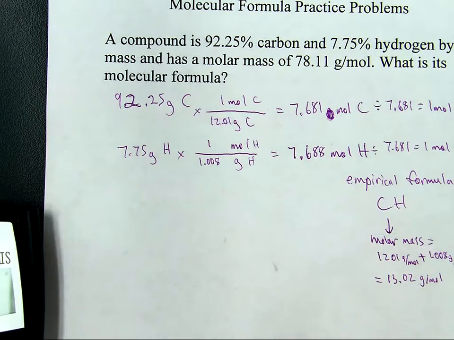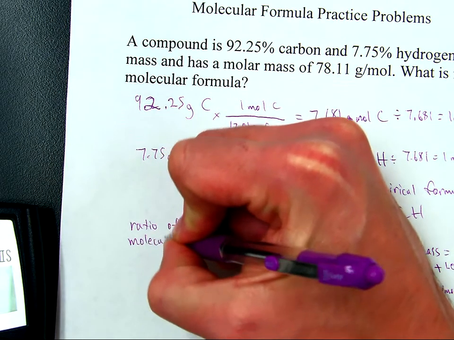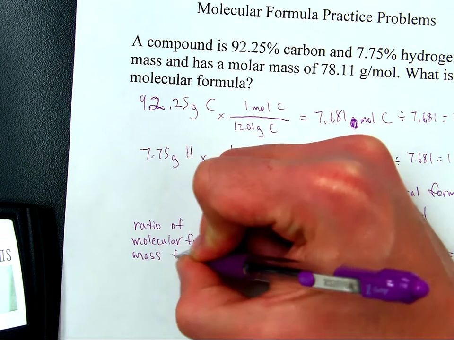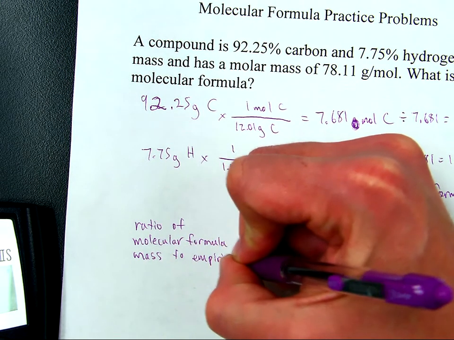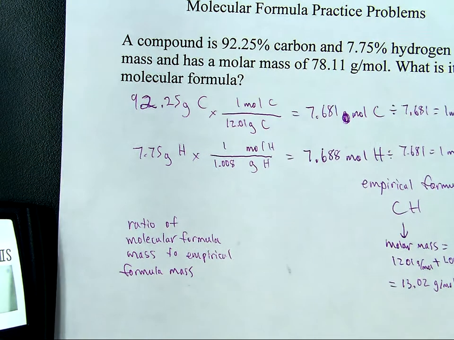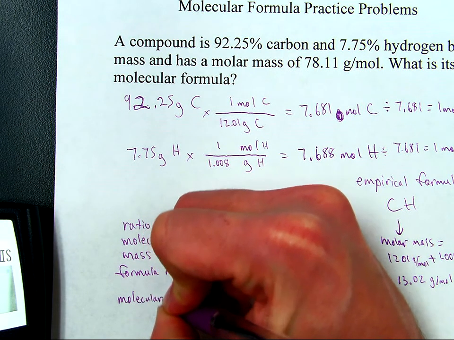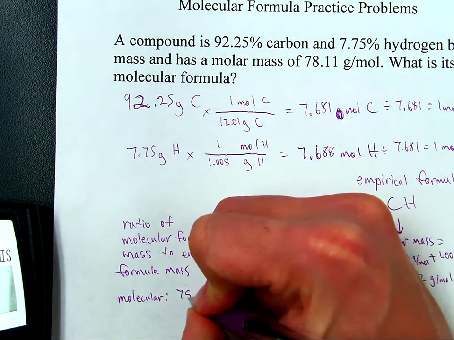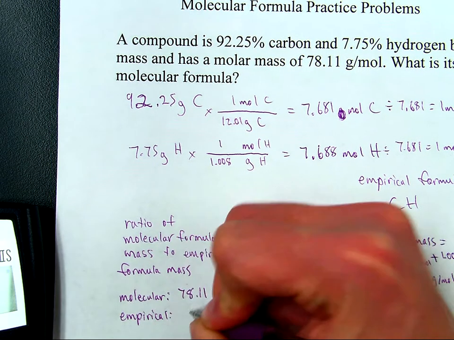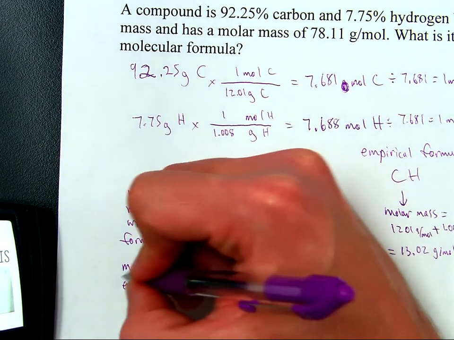We need to find the ratio of molecular formula mass to empirical formula mass. So molecular formula mass, 78.11. Empirical is 13.02.